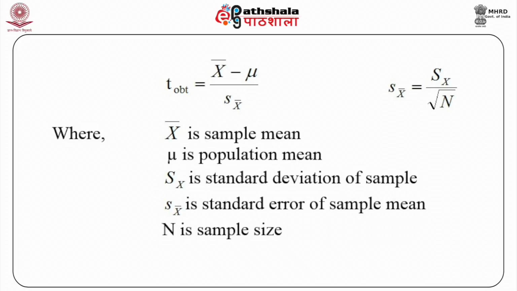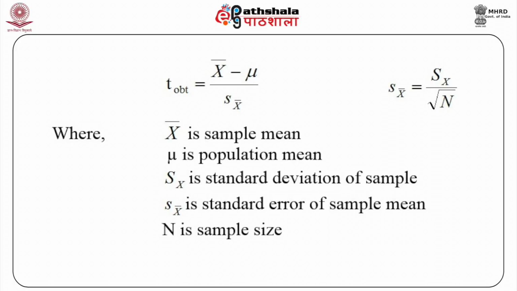For such cases, t-test is used as it estimates the standard deviation from the sample itself. The formula for the t-statistic accomplishes this by substituting S square for sigma square in the formula for the z-statistic. The t-test is commonly known as student's t-distribution or student's distribution of t.